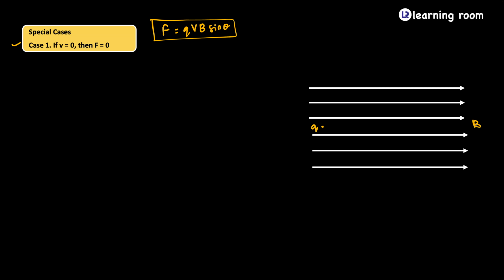When velocity is 0, if I substitute V is equal to 0, what am I going to get? F will be 0.